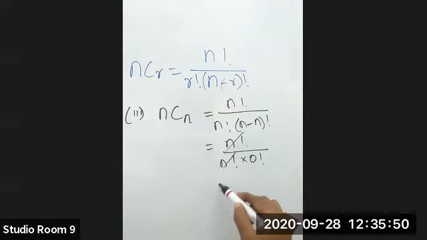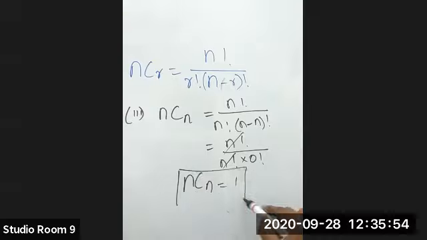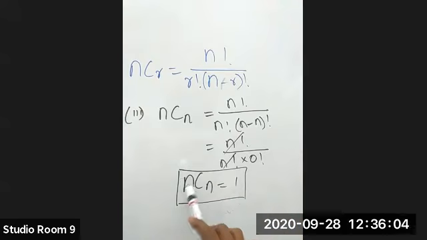So everything will get cancelled. So you'll get NCN is 1. So out of n objects, suppose we are selecting all the objects, there is only one way. NCN is 1.